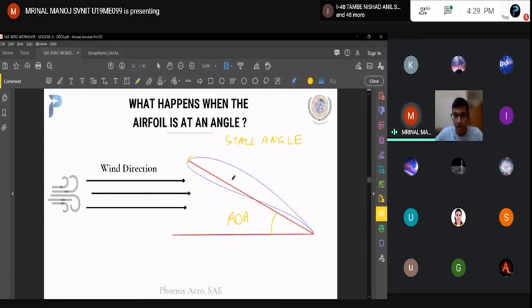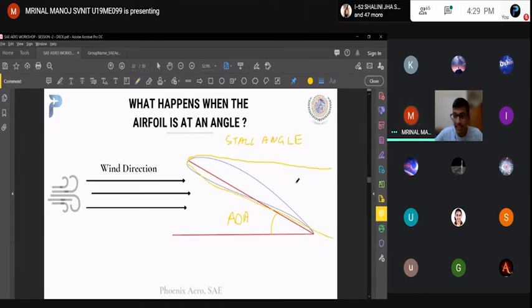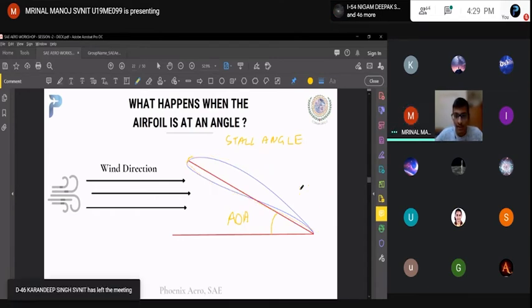At the stall angle, the airflow on top of the airfoil just moves straight, and the airflow below moves downwards, and they fail to meet. They never meet, and hence lift cannot be generated. This angle is called the stall angle. So we know what the stall angle is.